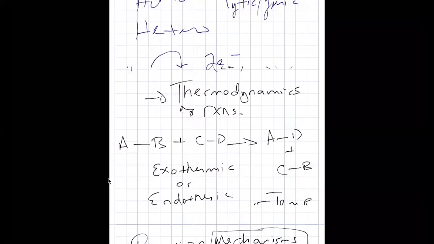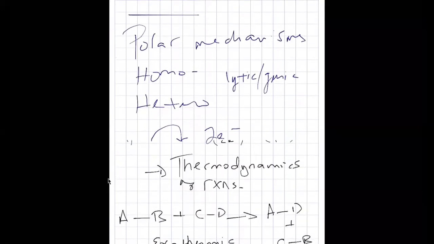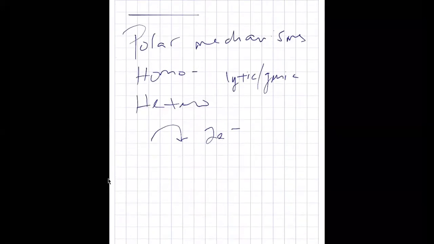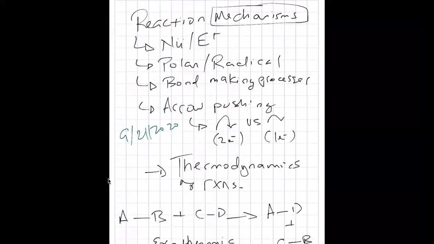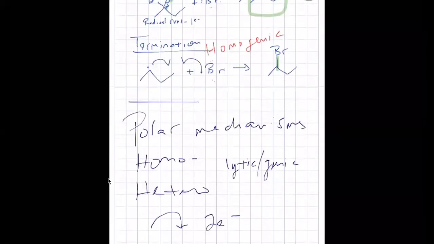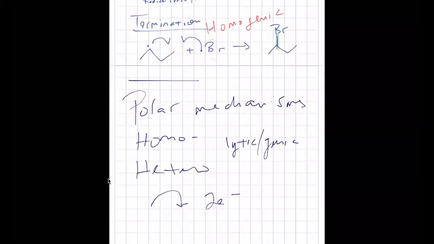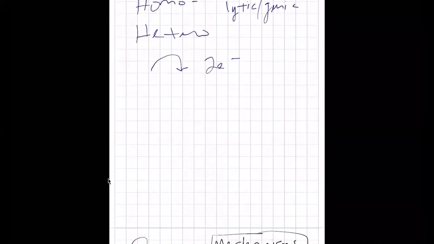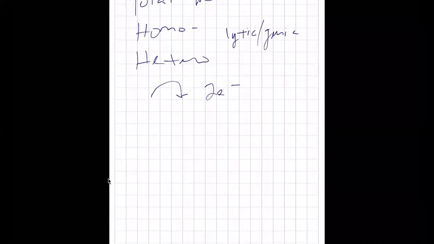So also with the polar mechanisms, we talked about the fact that you have a nucleophile and an electrophile, right? The nucleophile is a source, and the electrophile is a sink.